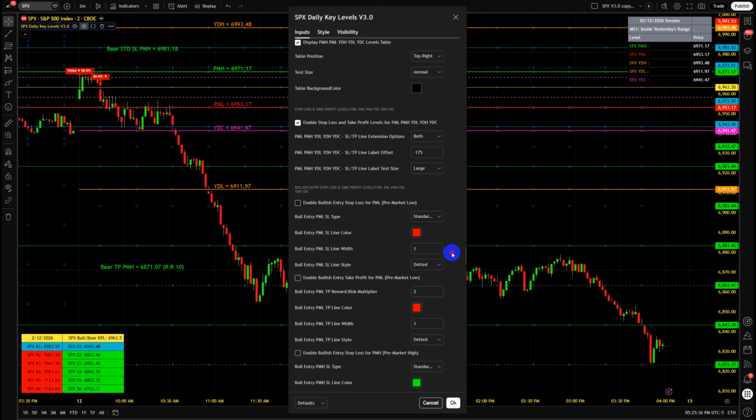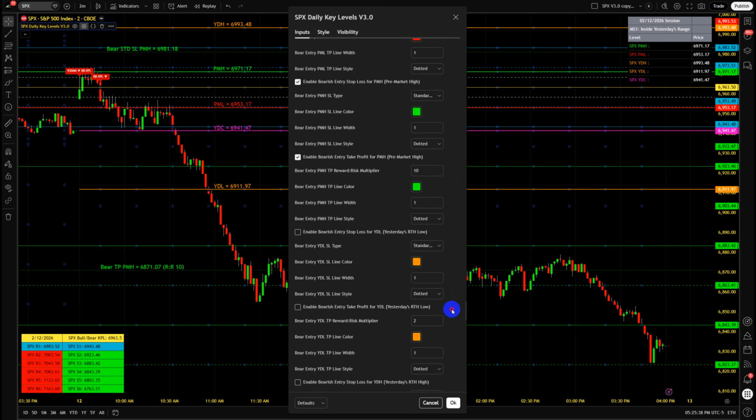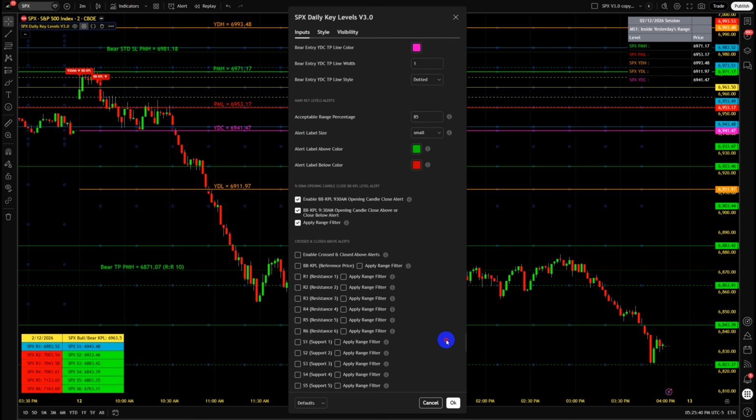So we'll go down here. And there's the acceptable range filter again. Obviously, I'll just show you, if you turn these on normal, then they're going to be that size.